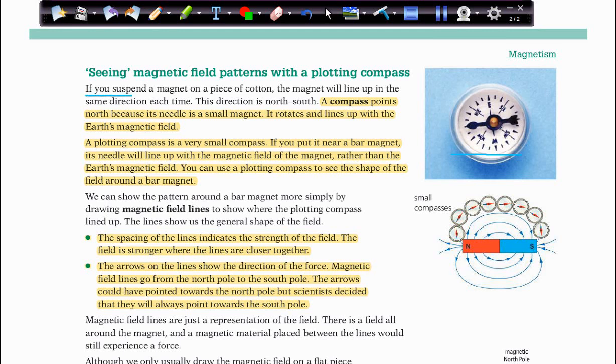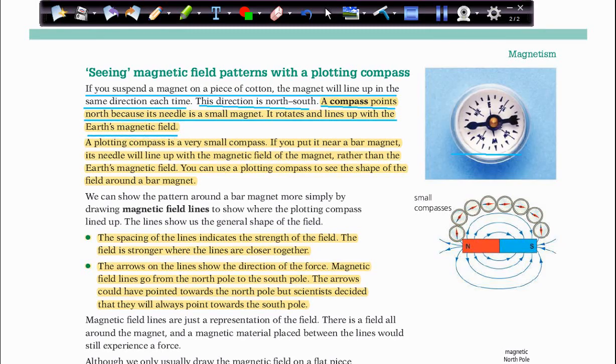If you suspend a magnet on a piece of cotton, the magnet will line up in the same direction each time. This direction is north-south. A compass points north because its needle is a small magnet. It rotates and lines up with the Earth's magnetic field.